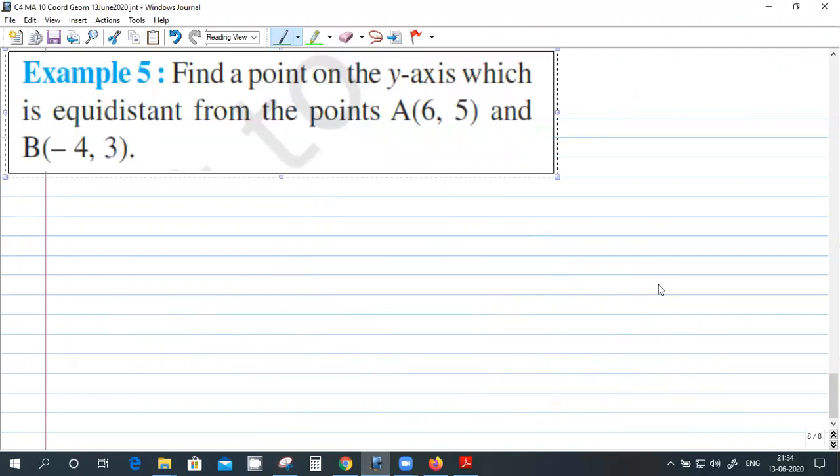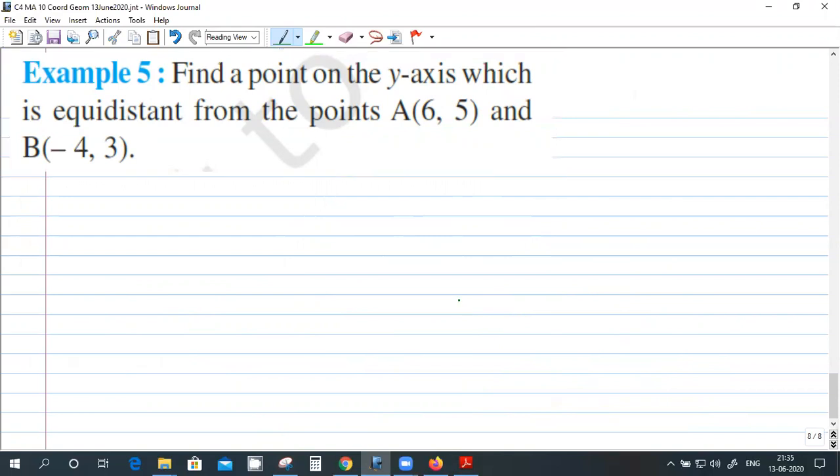Find the point on the axis equidistant from the points. One point will be somewhere here.